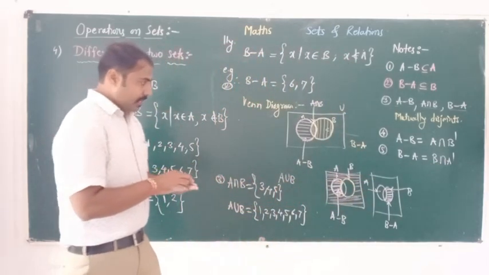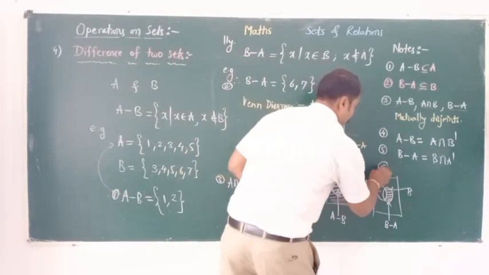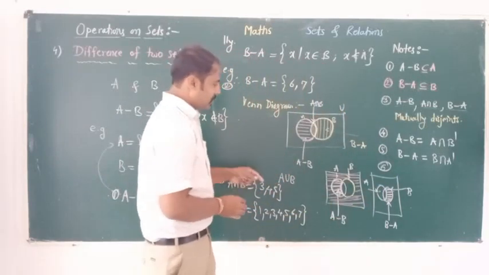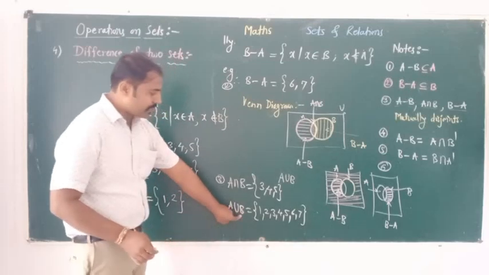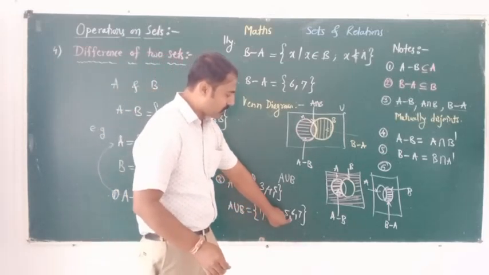Okay, next, sixth. We have already seen what A union B is: 1, 2, 3, 4, 5, 6, 7.